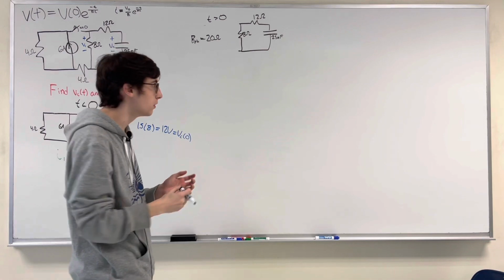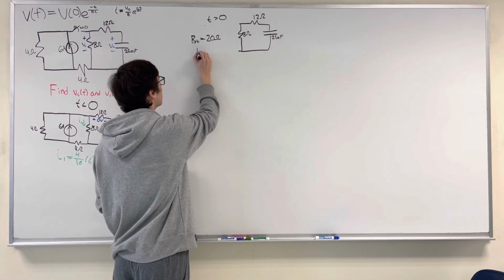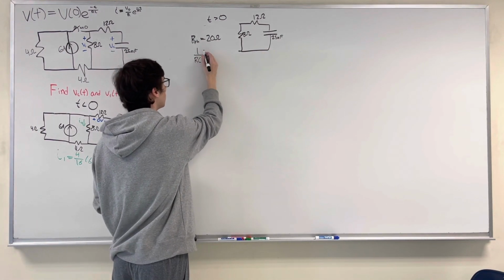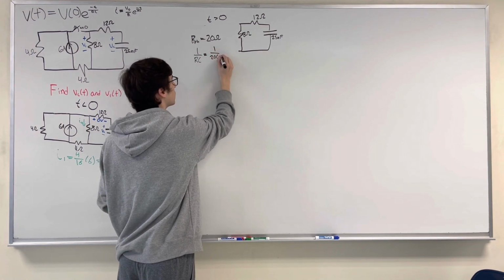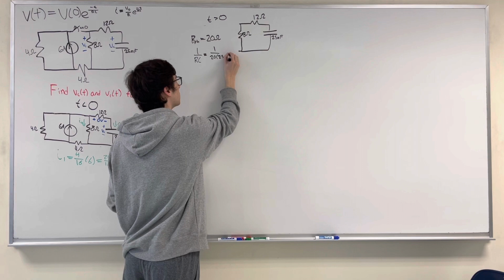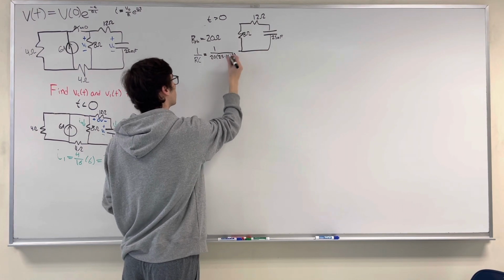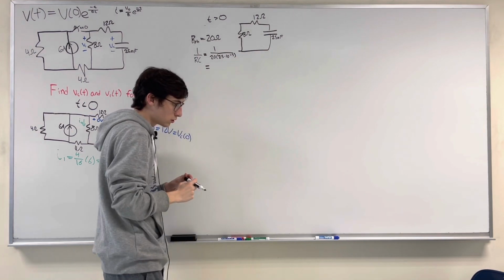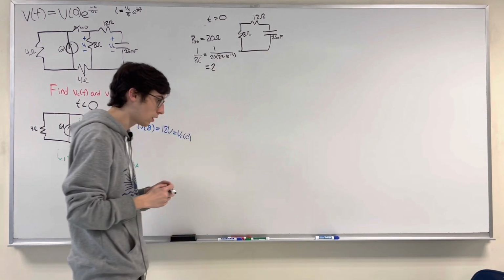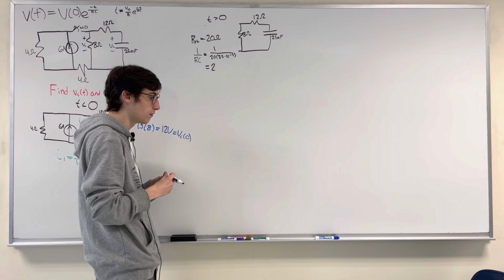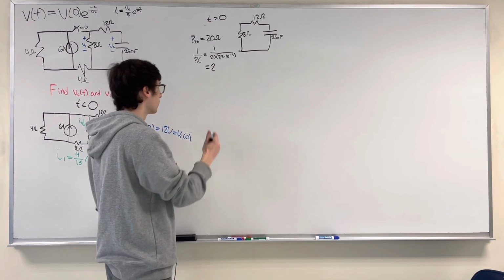And now what we need to do is compute 1 over RC, which is going to be equal to 1 over 20 times 25 times 10 to the negative third, which is all equal to 2. All right, and now we have everything we need to solve for the voltage of the capacitor.